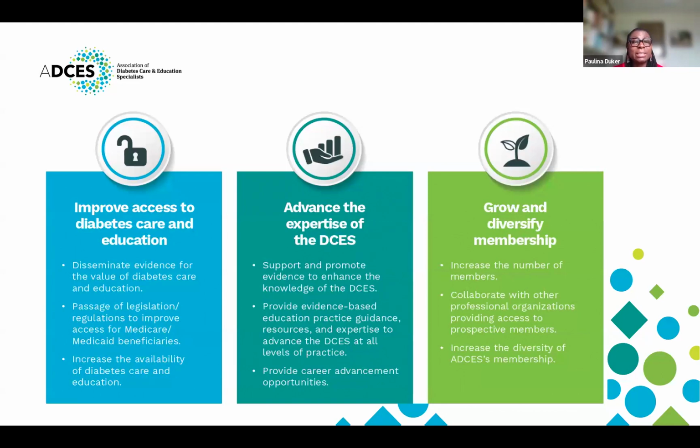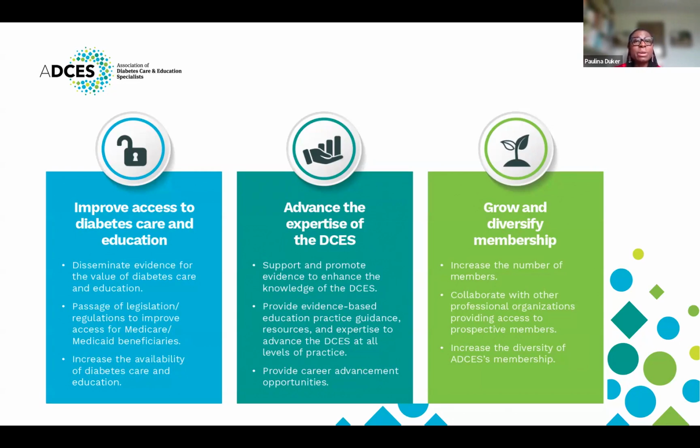If we show the value, and more people understand how important diabetes education is and make sure that people with diabetes are getting it, that means we're going to have to advance the expertise of our diabetes care and education specialists, again, at all levels of care.